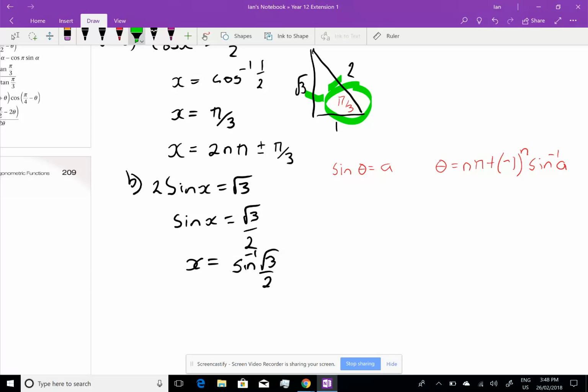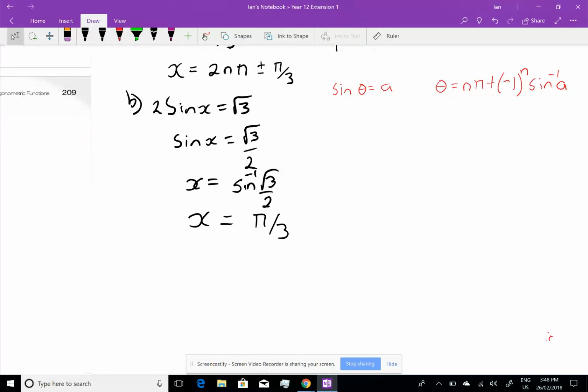So we get x equals pi on 3, and then we just put it into this formula from our formula sheet to get the general solution. So x equals n pi plus negative 1 to the n, times pi on 3.